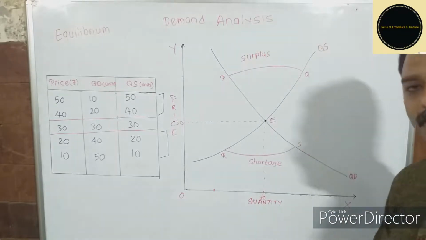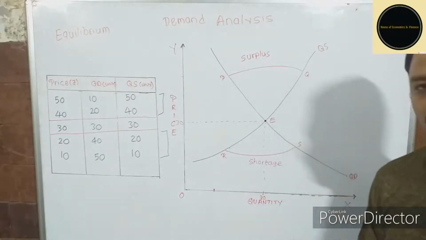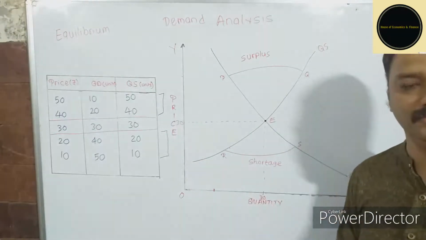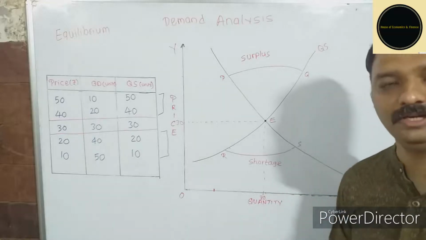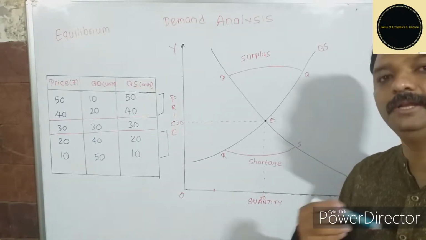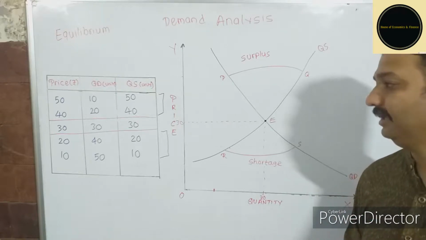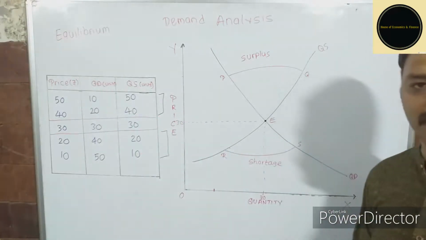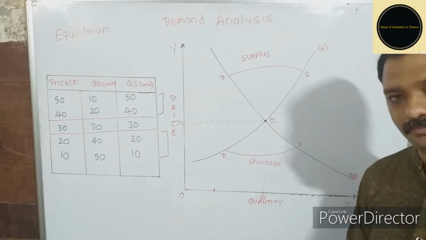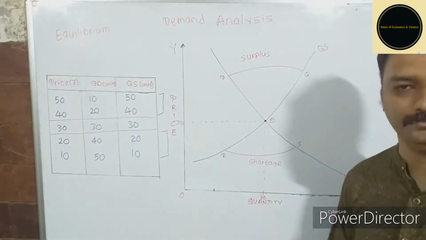If any producer produces a good and keeps its supply price at 30 rupees, as a hypothetical example, not too high, not too low, then the quantity demanded is 30. That means this entire output will be bought at this price.